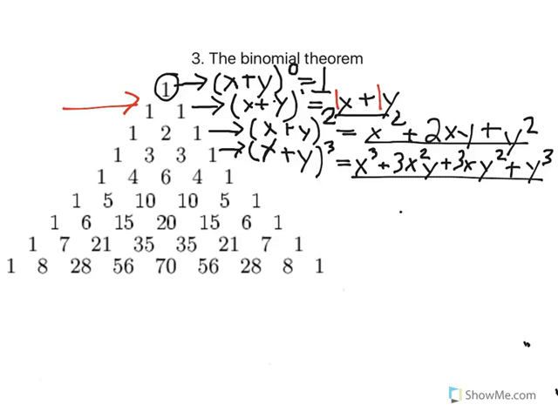And look, it's 1x, 1y. Row 2, we have 1, 2, 1. And then we have 1, 3, 3, 1. And it will continue. So that's the first thing.